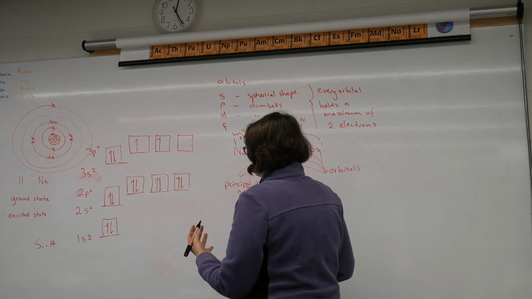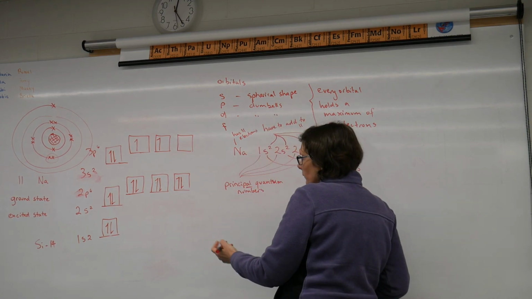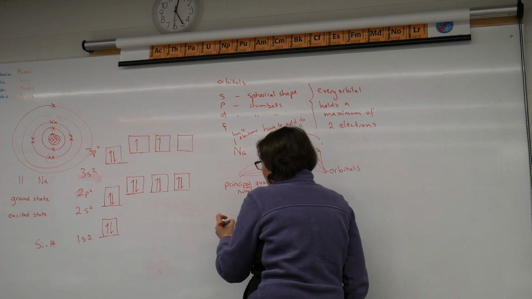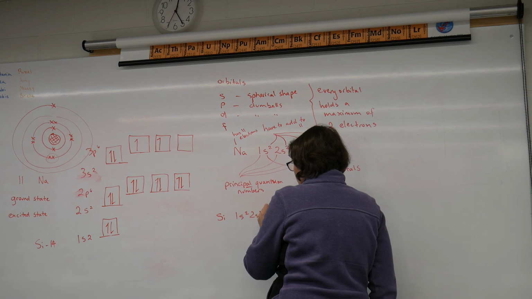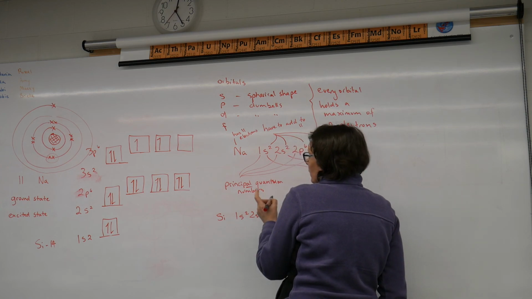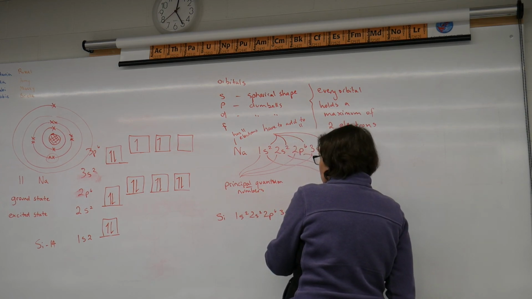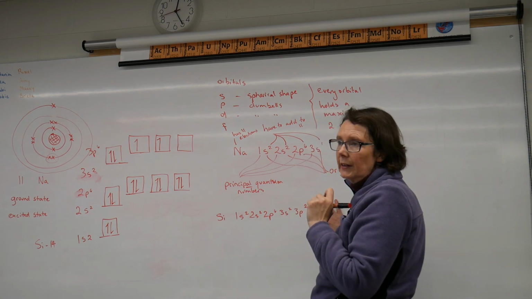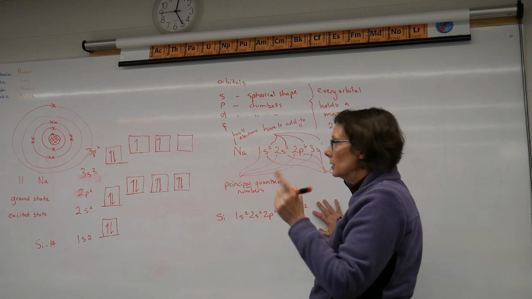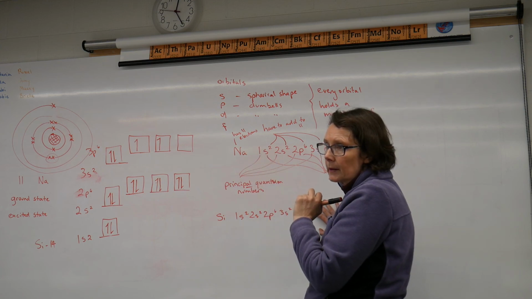So if I were to write out the electron configuration for silicon: 1s2, 2s2, 2p6, 3s2, 3p2. So I only have 2 electrons in the 3p orbitals there.